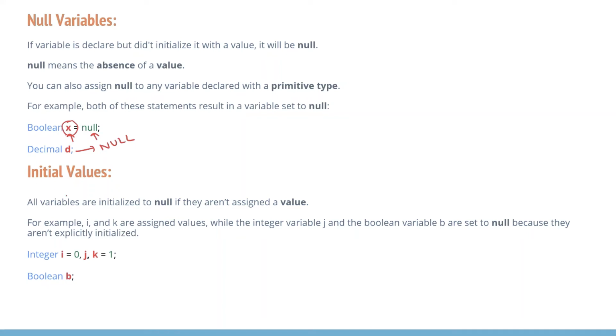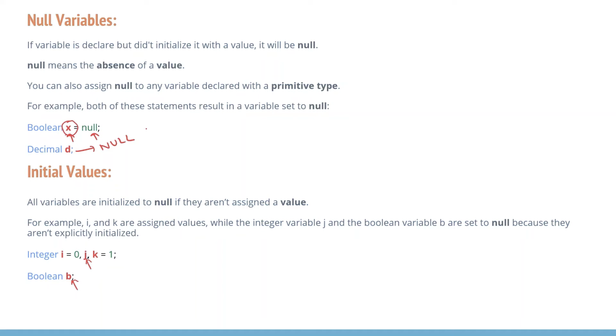Initial values. All variables are initialized to null if they aren't assigned a value. For example, variables i and k are assigned values, while the integer variable j and the boolean variable b are set to null because they aren't explicitly initialized.